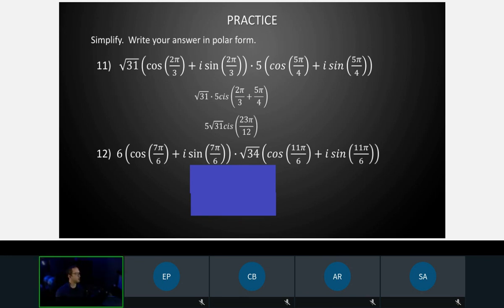All right, number 12. Let me give you, I think 30 seconds should be enough, right? 30 seconds to solve number 12.